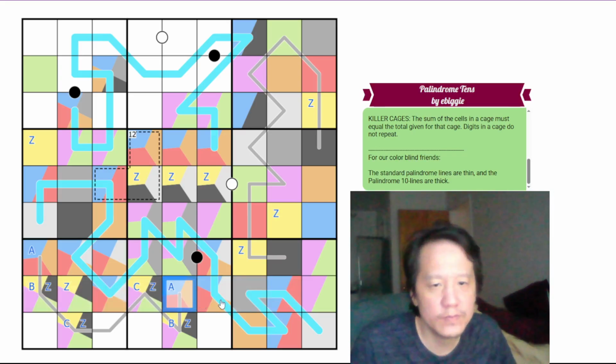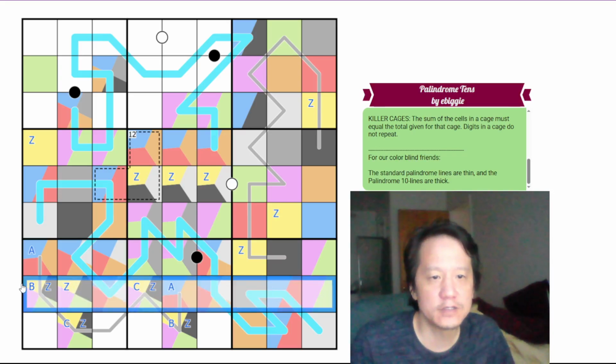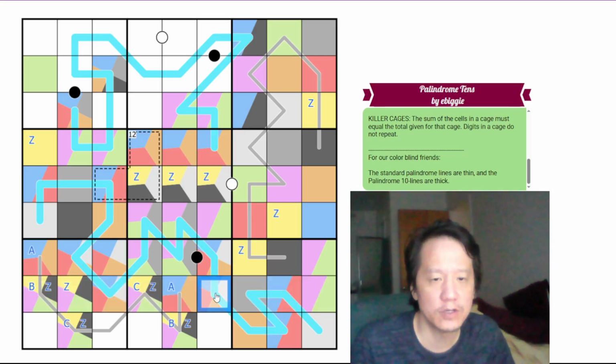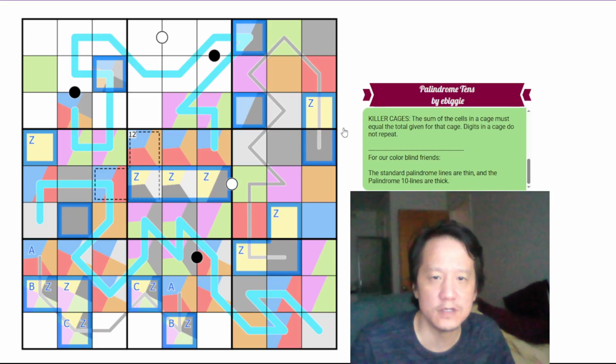Where is the light in row 8? It must be either here or here. This matches that light. And this obviously is the same one. So light has to be one of these two, which means this cannot be light. It's yellow or it's orange. We can remove the Z's.